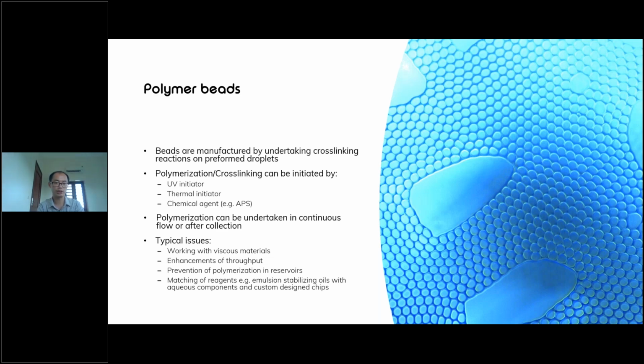The enhancement of output is one challenge, and the prevention of polymerization in reservoirs is also an important challenge, because if polymerization in reservoirs occurs, it can destroy the microfluidic system. And the matching of the reagent, for example, emulsion stabilizing oil with the aqueous component and custom design chip.